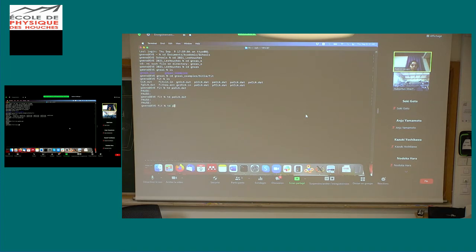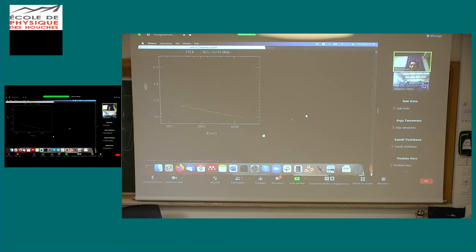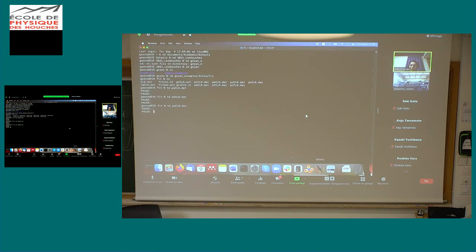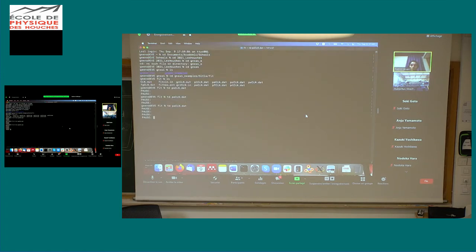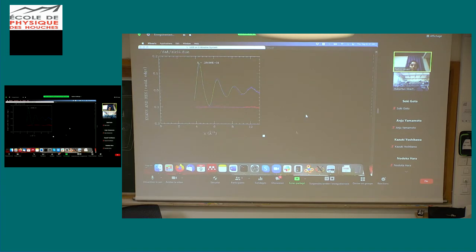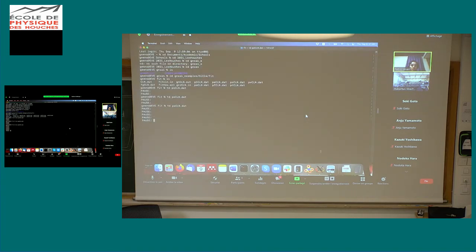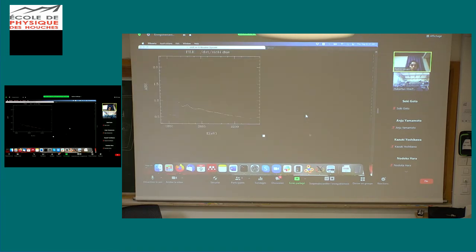And so if you look at PA, there are various windows. Yeah, so this is the experimental data, this is the post-edge background.